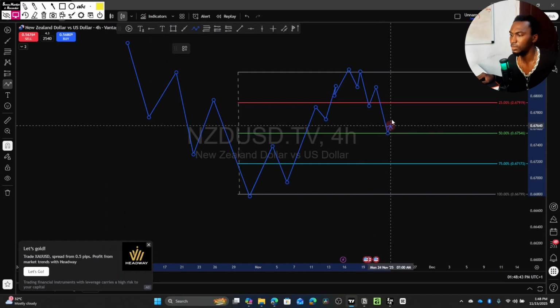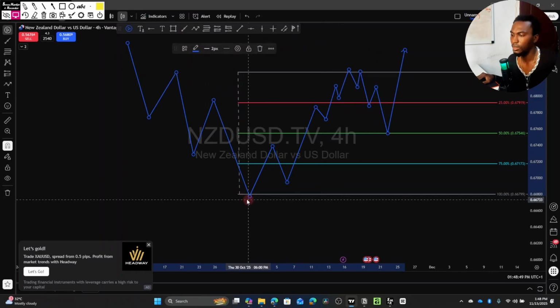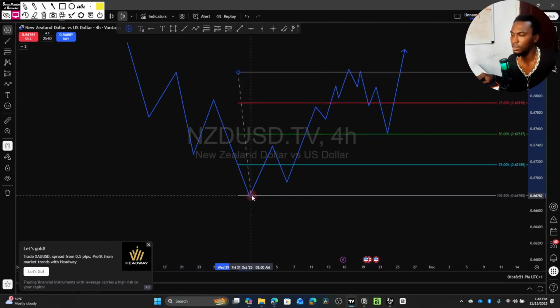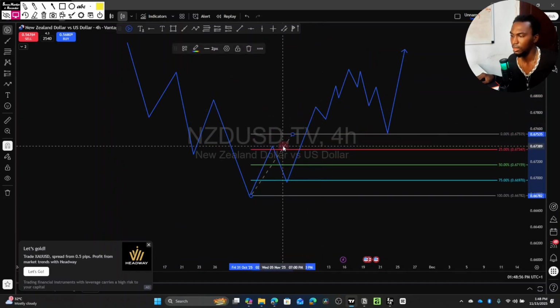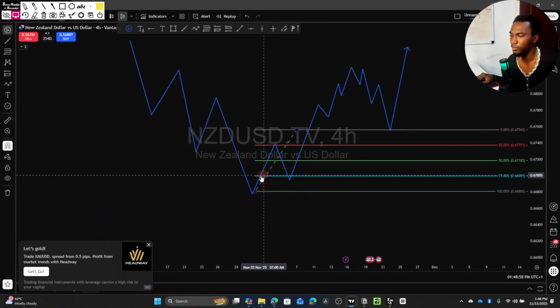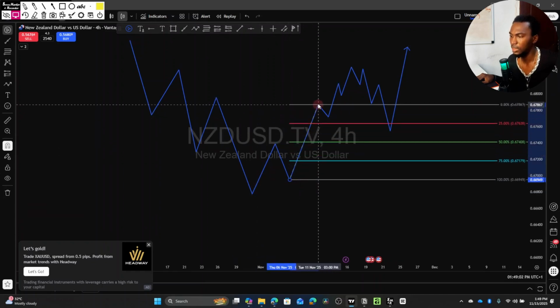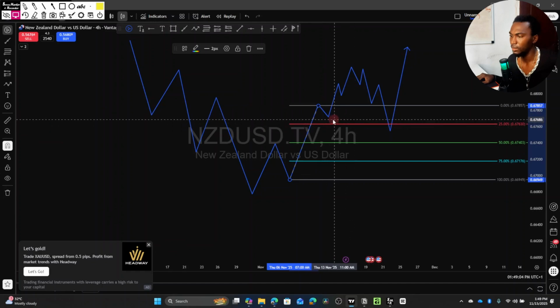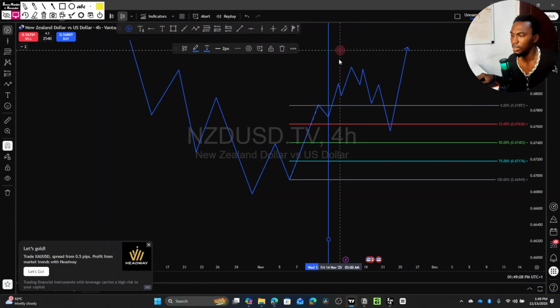But when price does enough to move backwards, so what am I even saying? If you take a look at this to this, this was a healthy pullback, right? But when you do the same for this low to this high, this point right here is not a healthy pullback. You get?